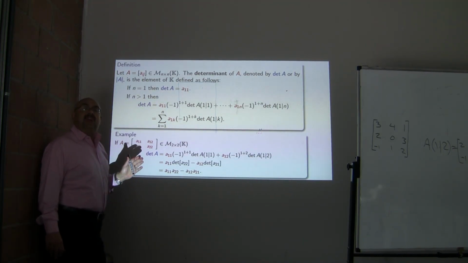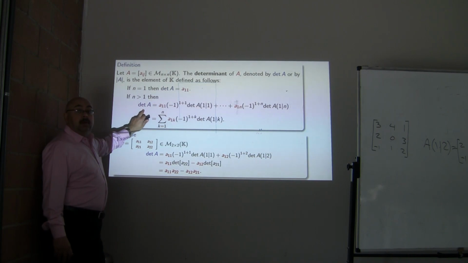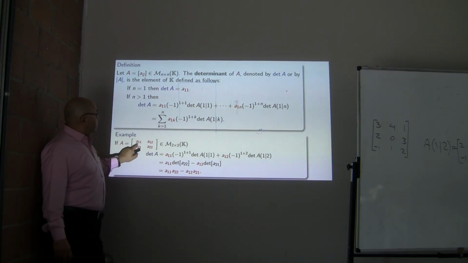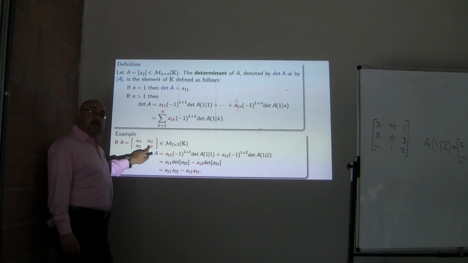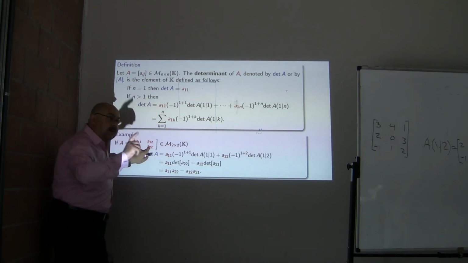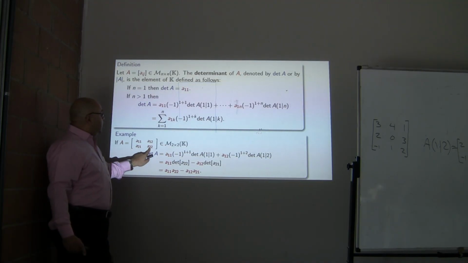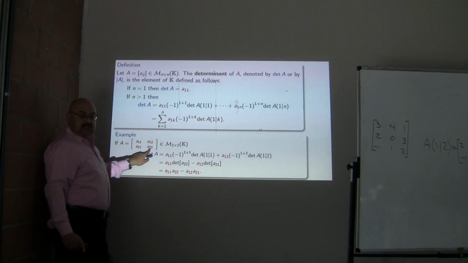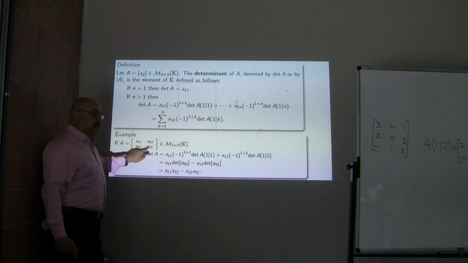But where did this rule come from? Okay, I will go step by step. I will go for the first element. What's the first element? A11. I will remove its row and column. The remaining value will be a matrix smaller by 1, a 1 by 1, which contains A22. So it's exactly like multiplying A11 by A22.